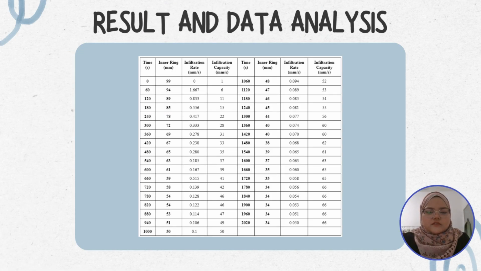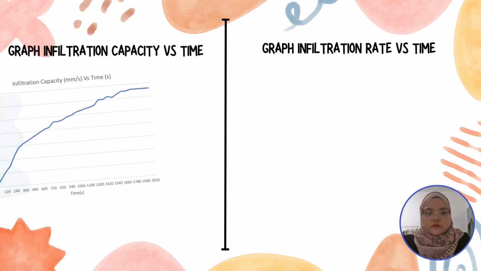Okay, so next is result and calculation. My group got the readings for the inner ring decreasing. The calculation for infiltration rate we got from 100 divided by time, and for infiltration capacity, the calculation we got from 100 minus the inner ring reading.